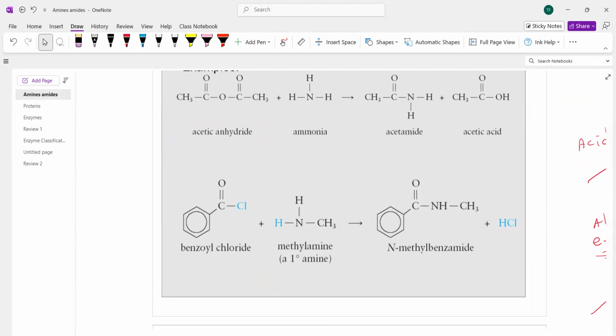Like an ester, if we're looking at an ester name, we name the alcohol part and then the acid part. With an amide, we name the amine group and the acid group, along with the word amide.